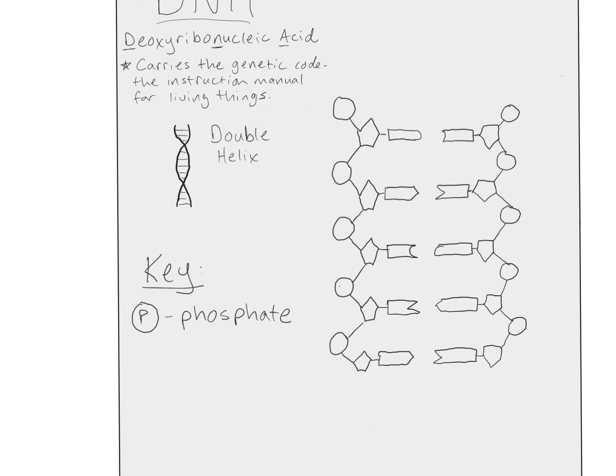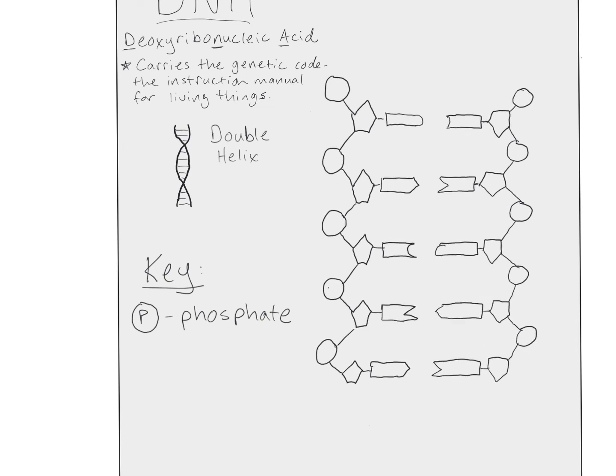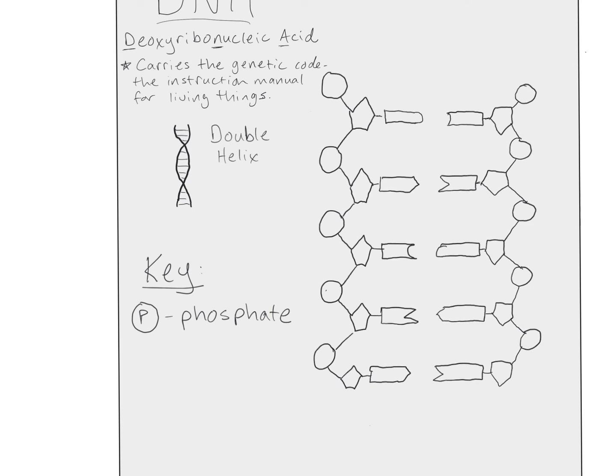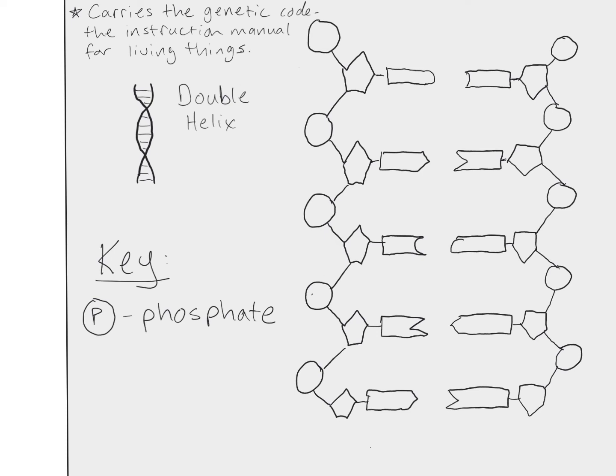So let's go back to our model, and we're going to label all of the circles. I didn't mean to make the model bigger, hold on. Okay, so here's our model. We're going to label all the circles with a P. P for phosphate. Do that on both sides.